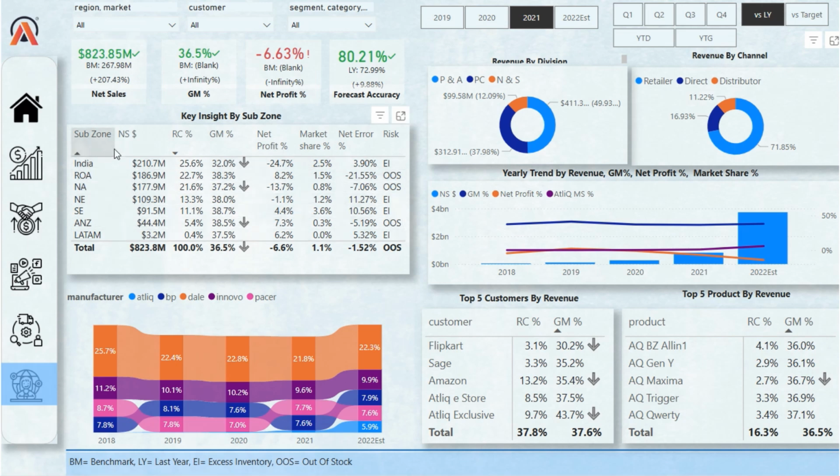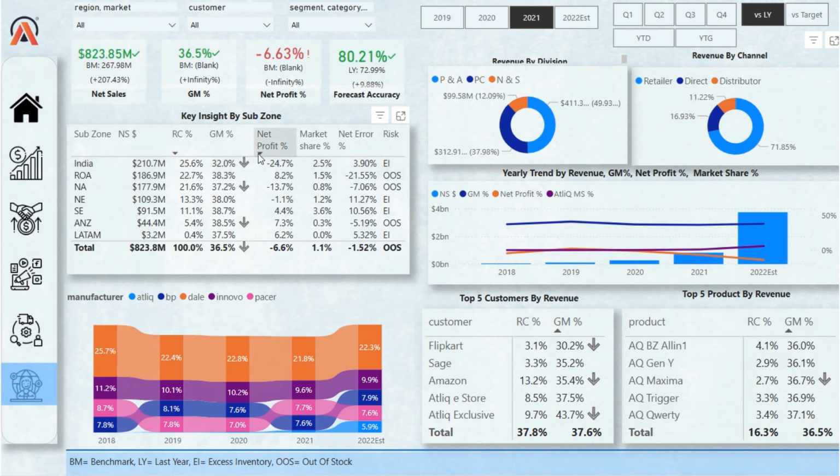If you see this subzone, India and ROA are again contributing the maximum percent of net sales. And if you see revenue contribution, this RC percent, these three, North America, ROA, and India, have contributed the maximum percent. They are contributing the maximum revenue to the company.